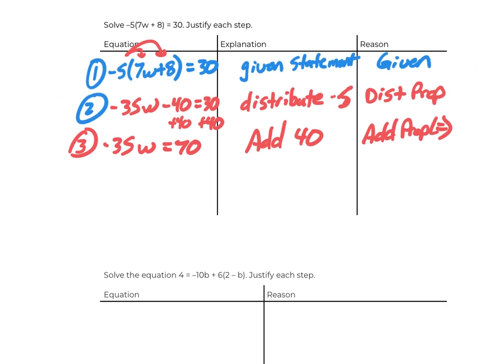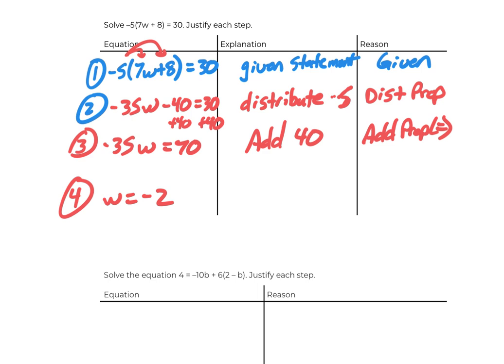How do we know when we're done? Because the w is by itself, right? So is w by itself yet? Nope. So we're not done yet. So step 4, I'm going to say w equals -2. What did we do to get to that statement? We divided, right?